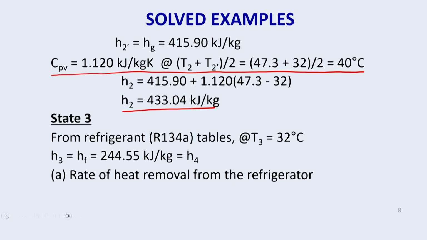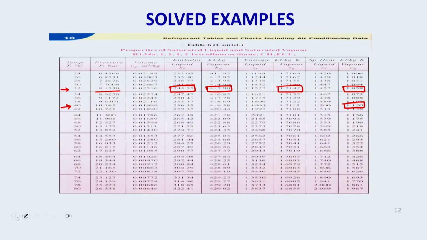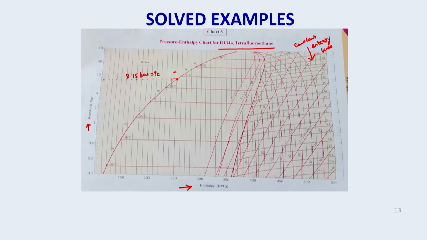And the enthalpy value at 3 is 244. If we use the chart, this is state point 3, on the saturated liquid line. Once I fix the point on the saturated liquid curve, I extend it and draw a perpendicular line to the x-axis.